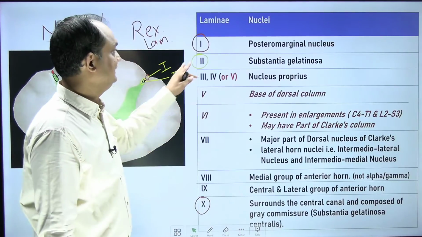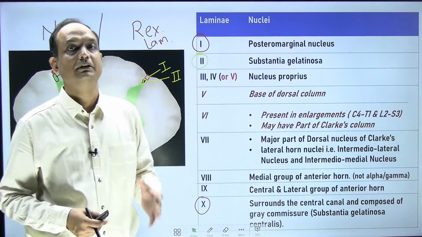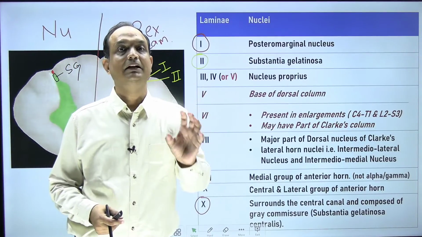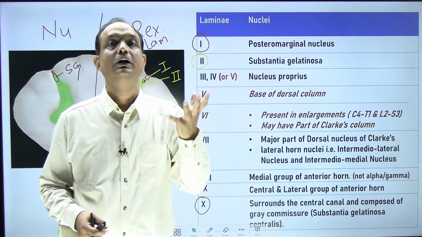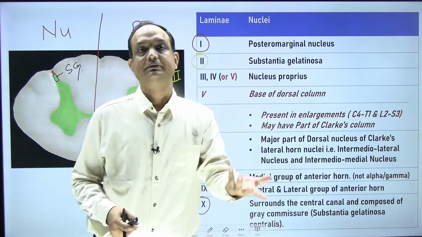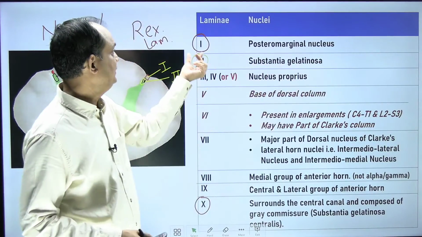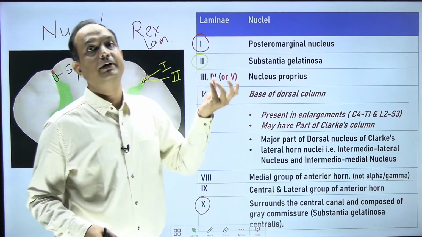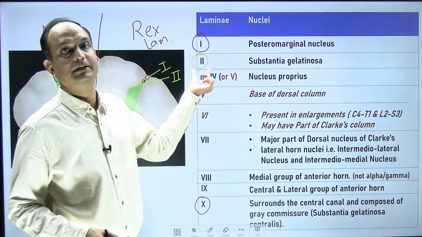This is again a question for your exam. Suppose you are attempting an MCQ: Rexed lamina 2 is occupied by which dorsal horn nucleus? Answer is substantia gelatinosa. Or vice versa: substantia gelatinosa is denoted by which lamina according to the Rexed laminar architecture? Answer is Rexed lamina 2.